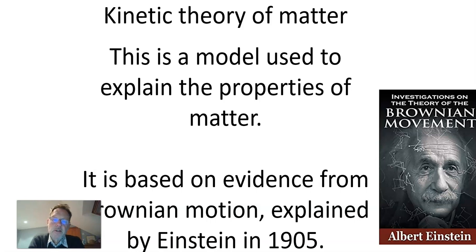So up until 1905, although lots of scientists had speculated on particles, there was still quite a lot of skepticism that they actually existed, and it was Einstein's work that confirmed the existence of small particles that cause this Brownian motion.